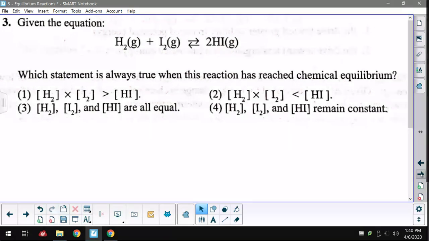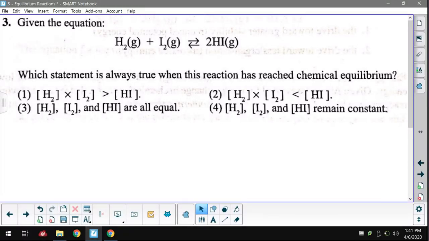This is an equation showing hydrogen, iodine, and hydrogen iodide. All three are gases. It asks which statement is always true when it reaches equilibrium. Here we're using those square brackets. The way this reads is the concentration of hydrogen times the concentration of iodine is greater than the concentration of hydrogen iodide. That is not something you need to know.